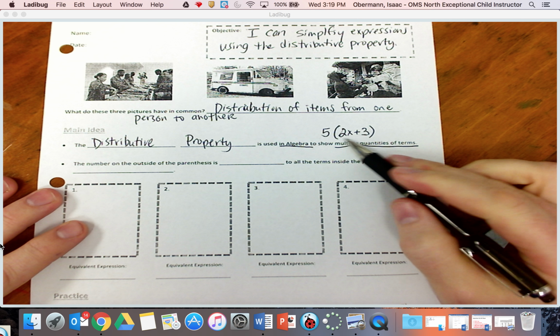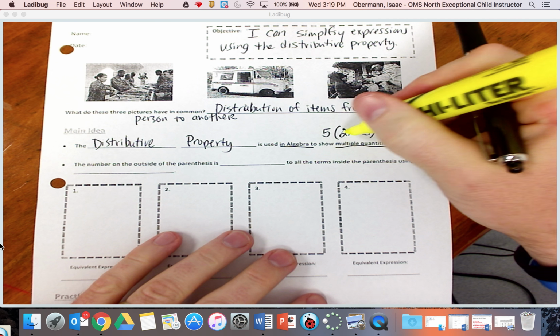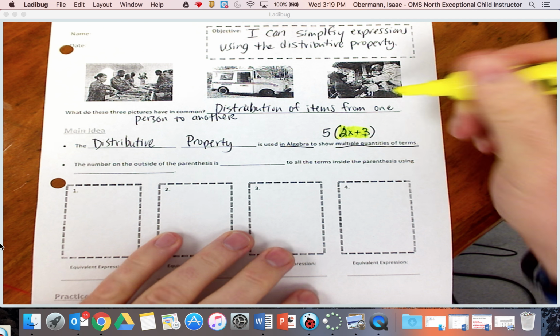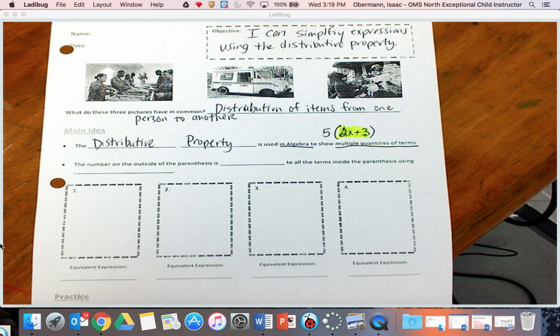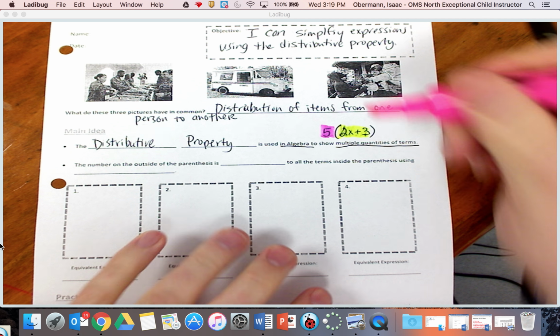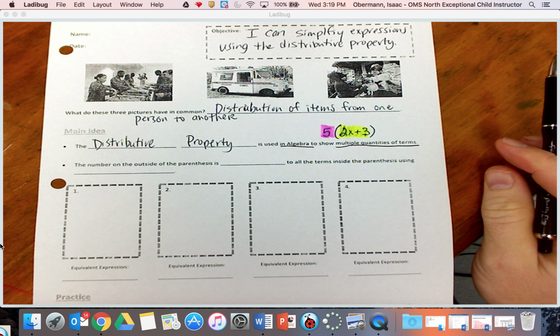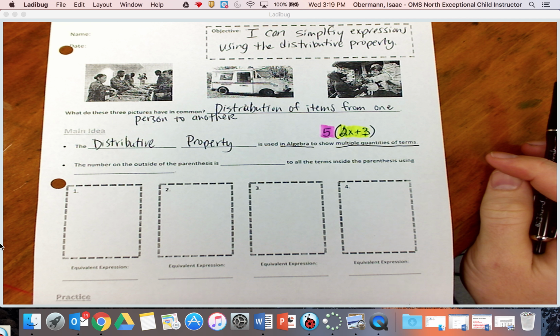And this is what the distributive property will look like here. It's saying that these terms, 2x plus 3, and I want 5 of them. I want that 5 times. And if I multiply what's inside the parentheses by 5, it will allow me to see what my new terms will be, or my new expression.